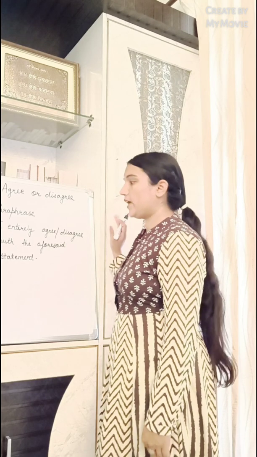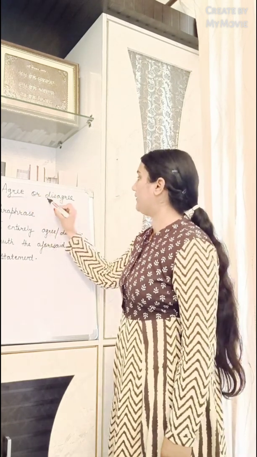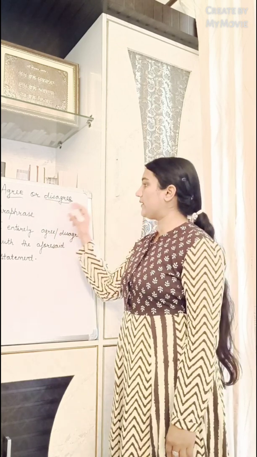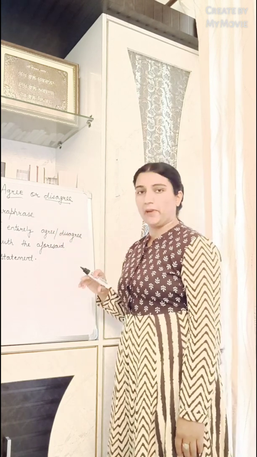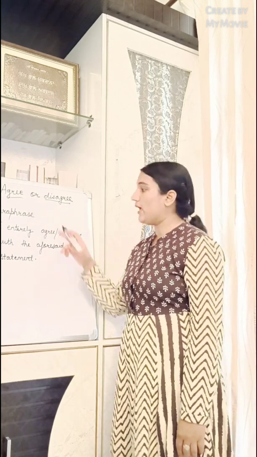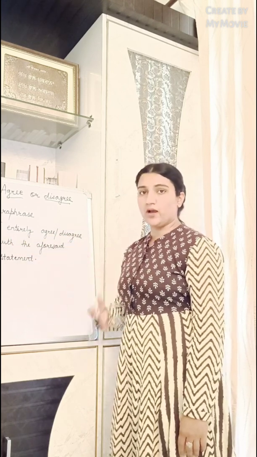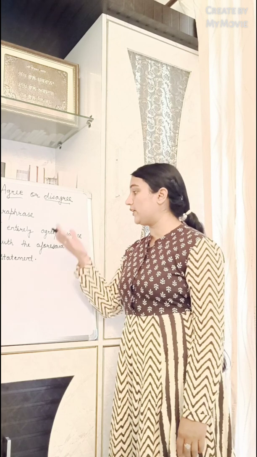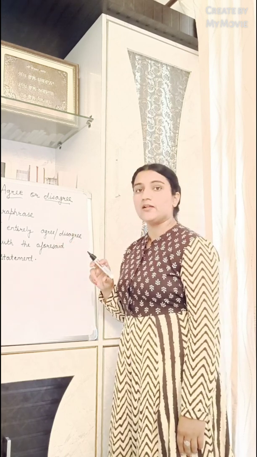Now this is the last thesis statement, for the agree and disagree essay type. For the agree and disagree essay type, in the introduction you again have to paraphrase the whole question, and then you have to write a thesis statement in which you say whether you are agreeing or disagreeing with the statement.